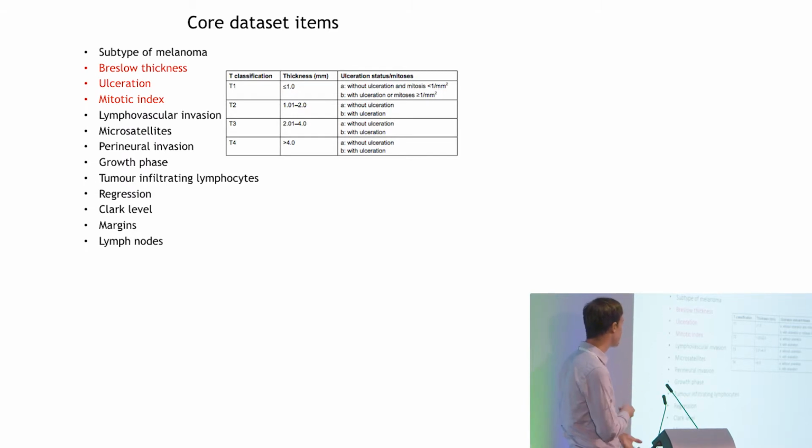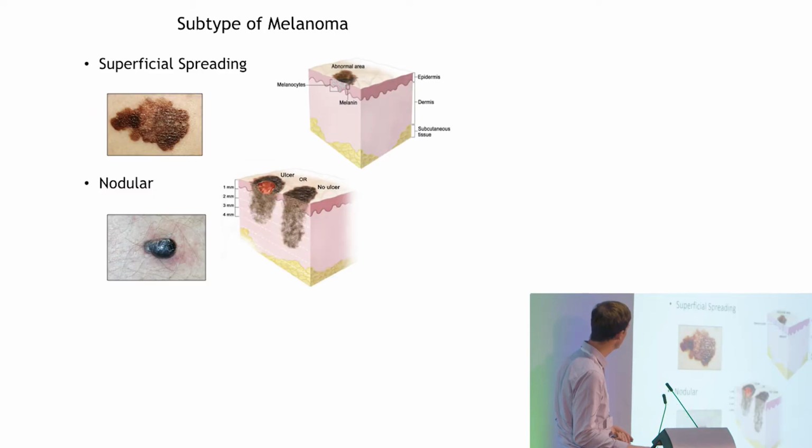And of these three, it's really the Breslow thickness that is the most crucial. So I'll be talking through all these, but this table here just summarizes how this T stage varies depending on these variables.